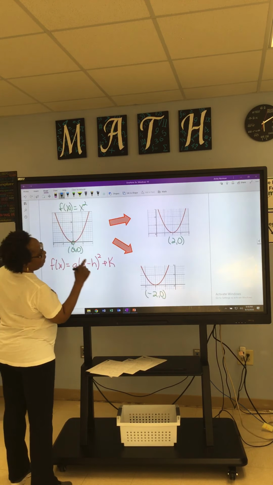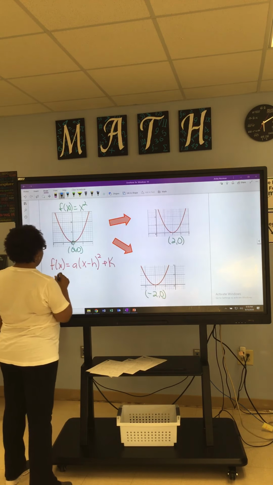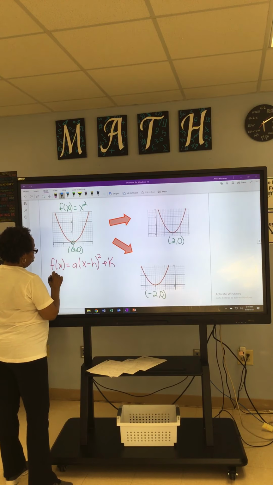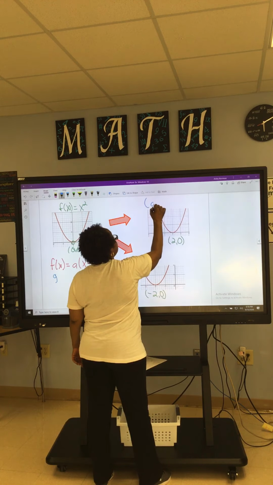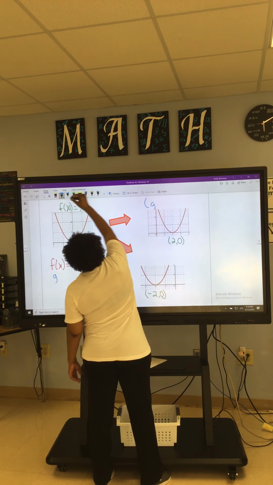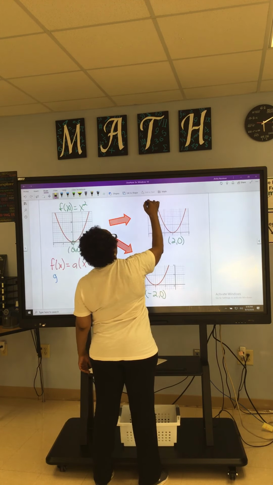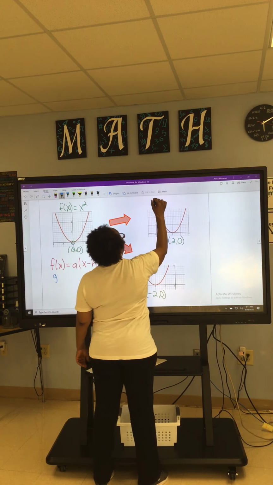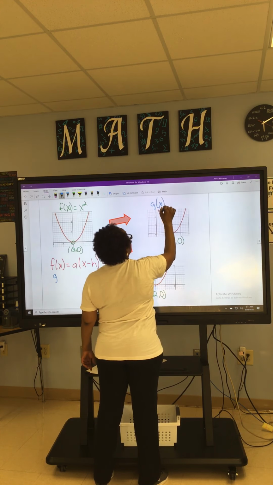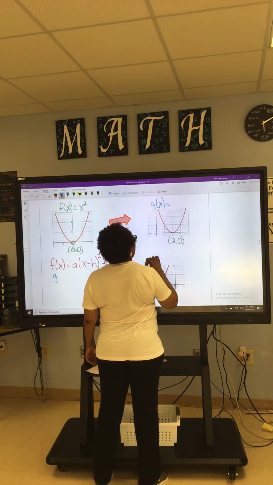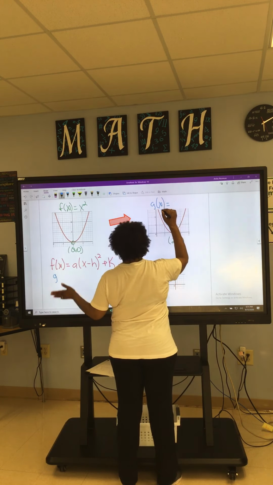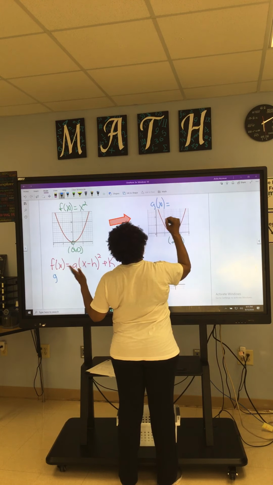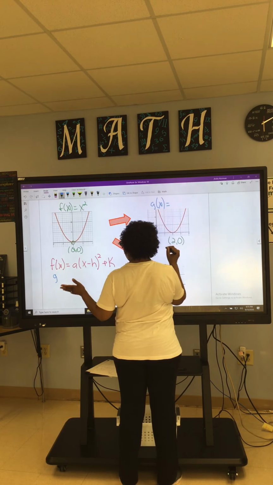Let's do a positive 2 so you can see what I'm talking about. So I'm going to call that one g of x. I'm going to write it over here though. If I take g of x and I plug it into this formula right here, I don't have an a. A is 1. We know that. There's no number in front of it because it looks just like the parent function.